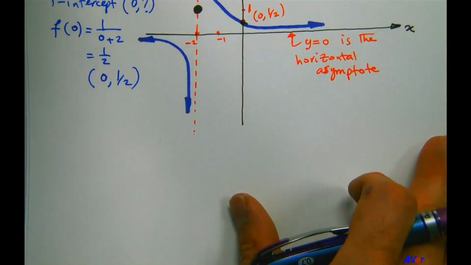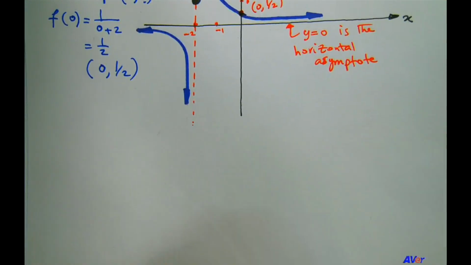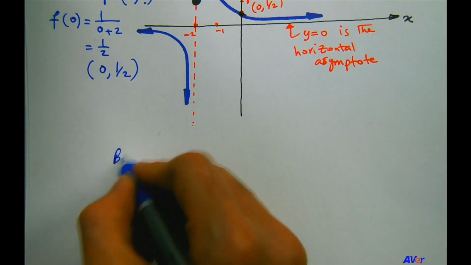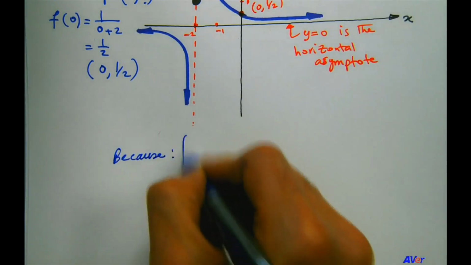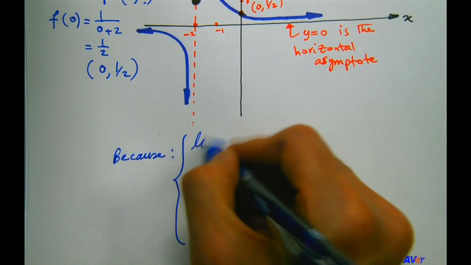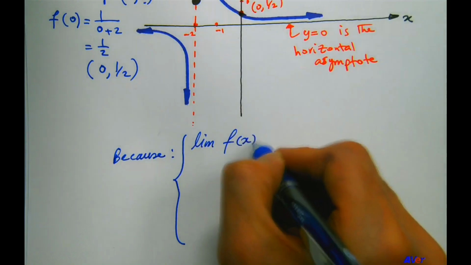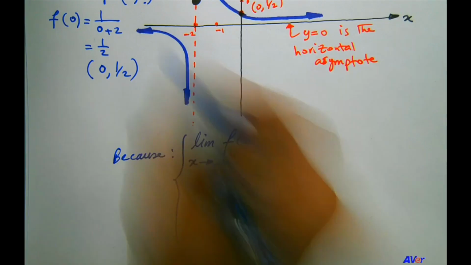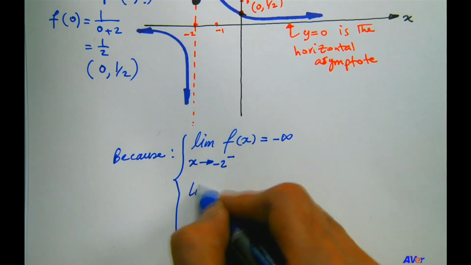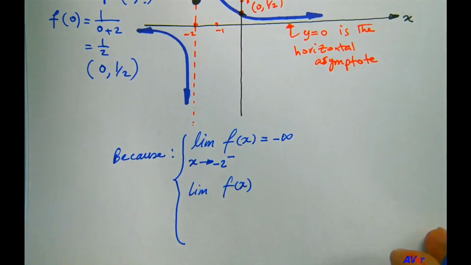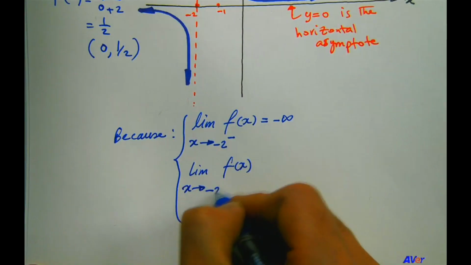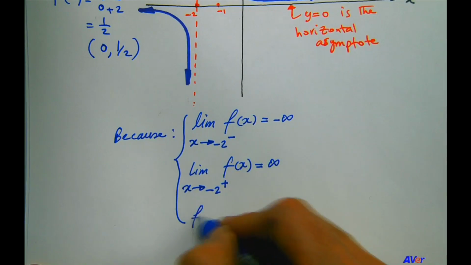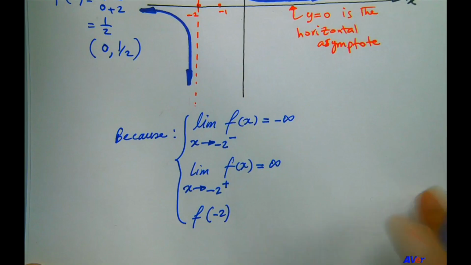So let us write this down symbolically. Okay, so we say because of all of this, because the limit of f of x as x approaches -2 from the left is equal to -infinity, the limit of the function f of x as x approaches -2 from the right is equal to +infinity, and the value of the function at -2 is equal to 1.